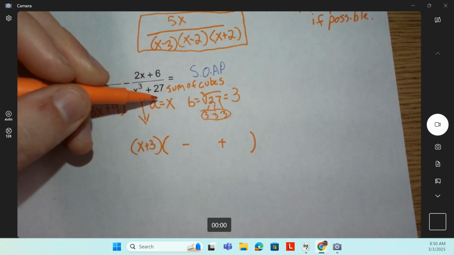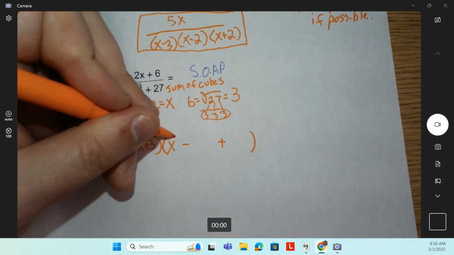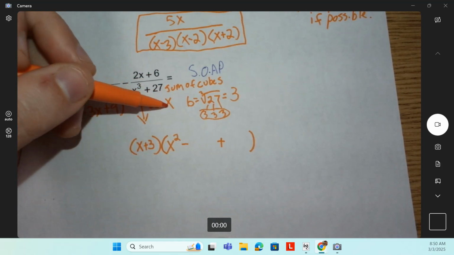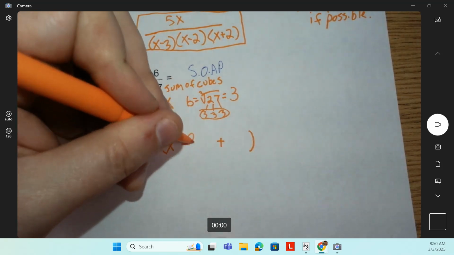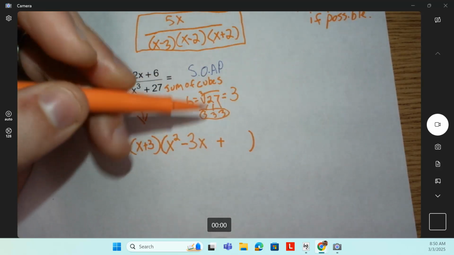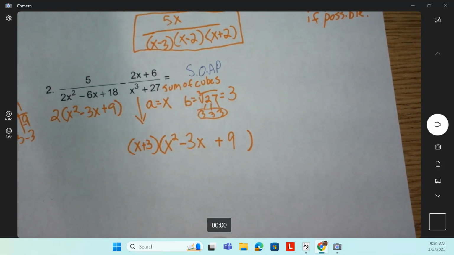So the first part of that would be a squared, which is x squared. Then I have 1a and 1b, so x and 3, give me 3x. And then b squared, so 3 times 3, which is 9.